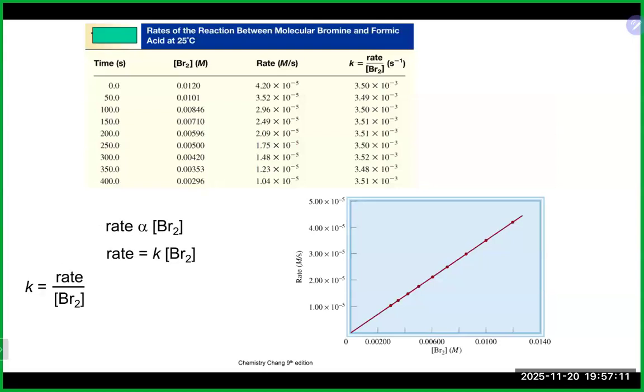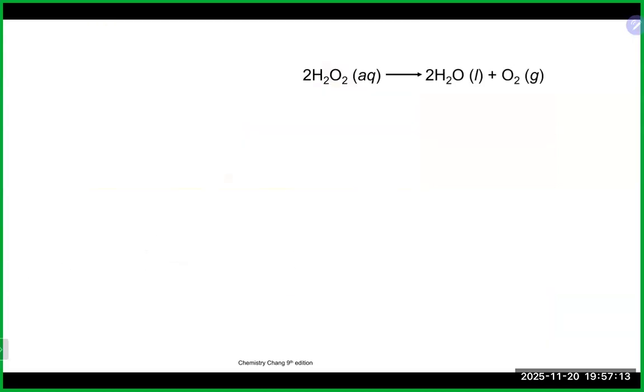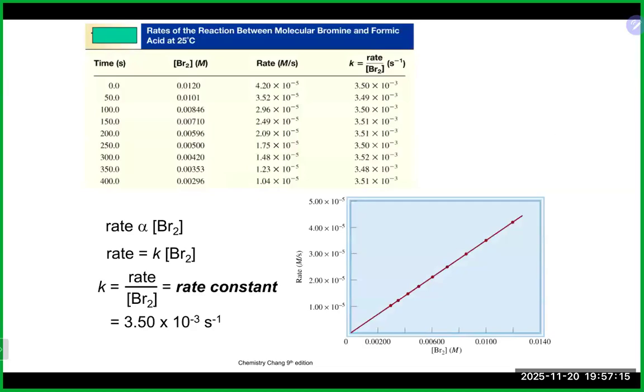And here's that experiment we've been talking about. If you look at the data from that experiment, there is a value that is actually constant. And that comes from what is known as a rate law. And this right here is what is known as the rate constant.